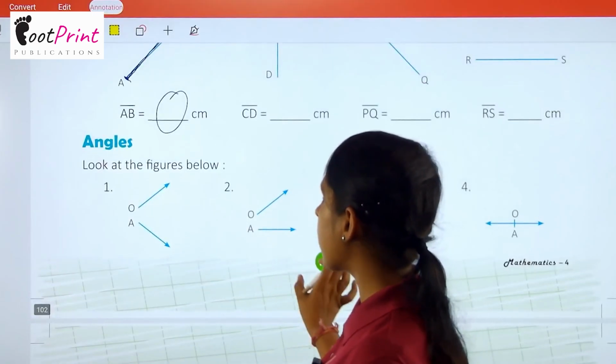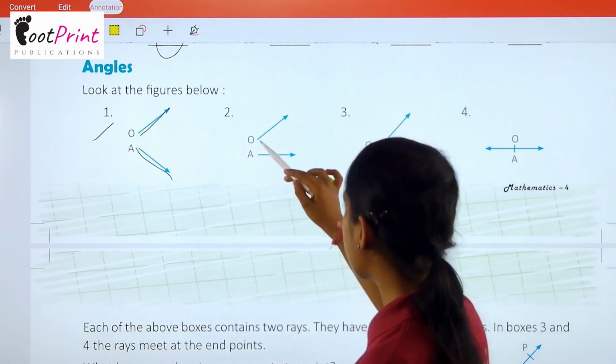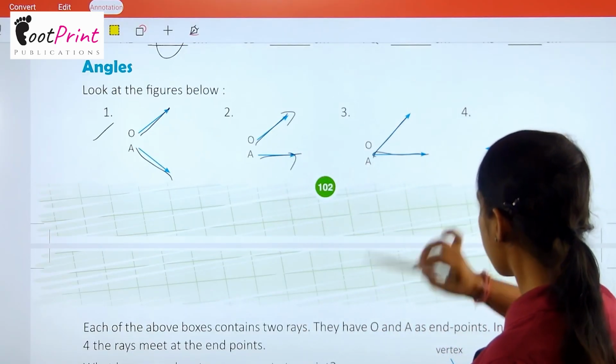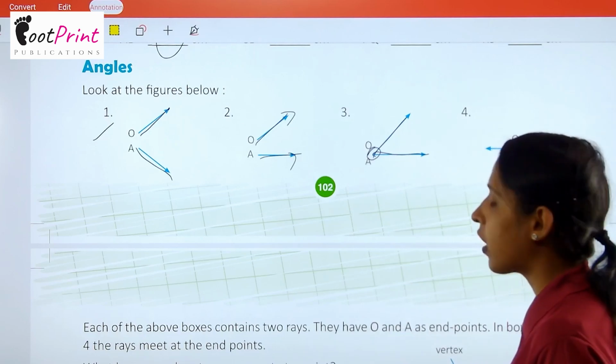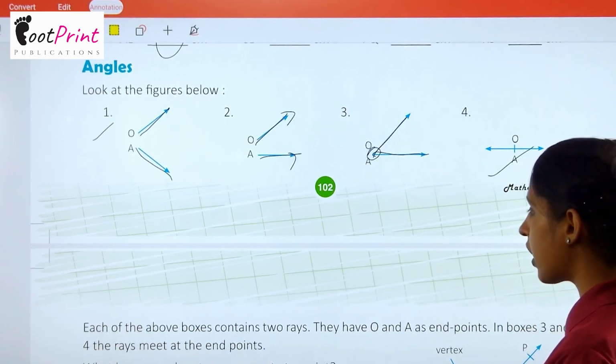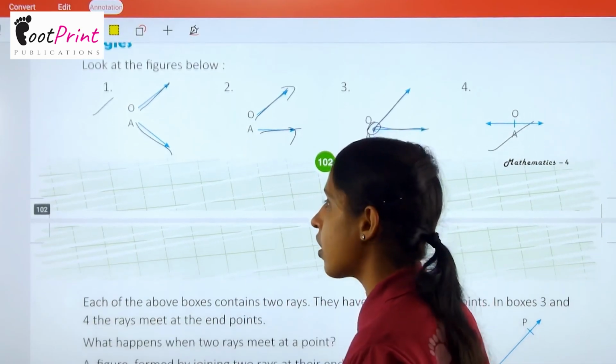So look at the figure below. Here 2 rays are given, here also 2 rays are given, here 2 rays are given and attached with a point. Here also 2 rays are given and both the rays have a common vertex, or we can say common point.